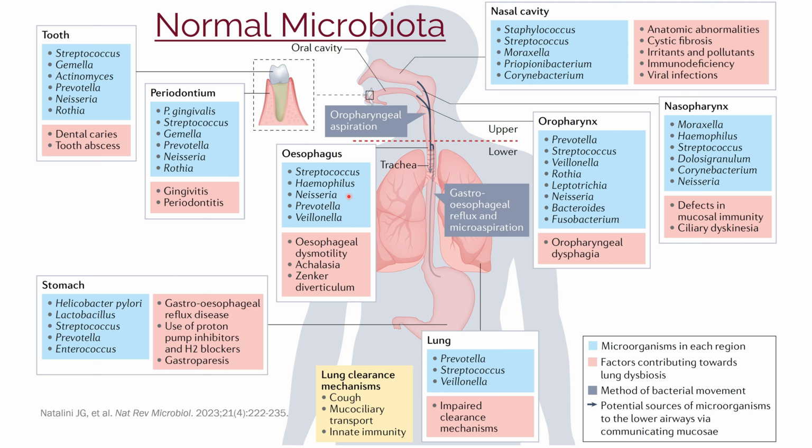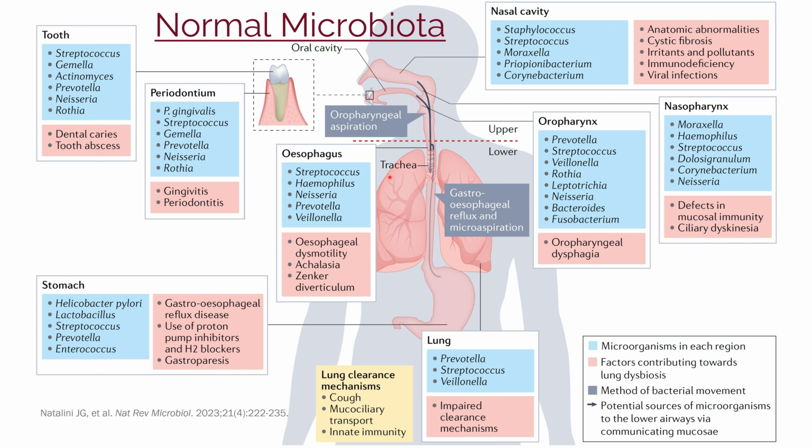Aspiration of oropharyngeal or gastroesophageal content is the predominant means by which bacteria reach the lower airways, as you can see by the arrows. So from the oral cavity they go down into the trachea, and also gastric content can go up and into the tracheal regions.